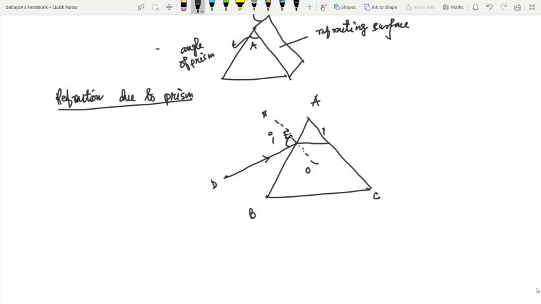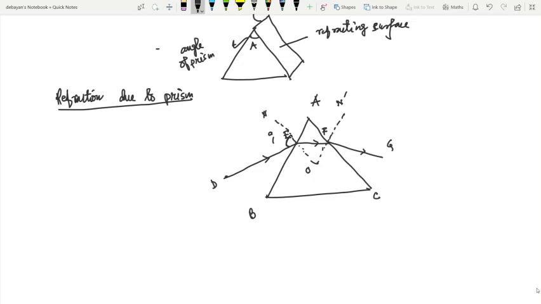The refracted ray EF again suffers a refraction at F and bends away from the normal, and travels along FG.